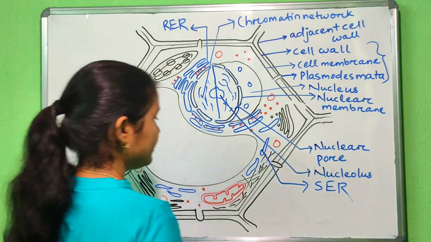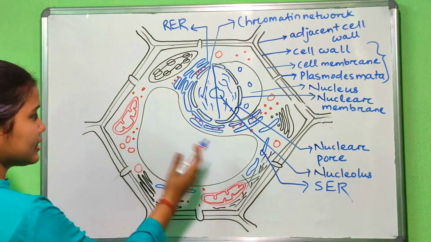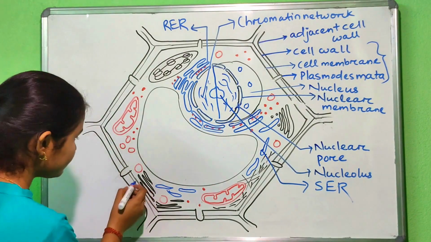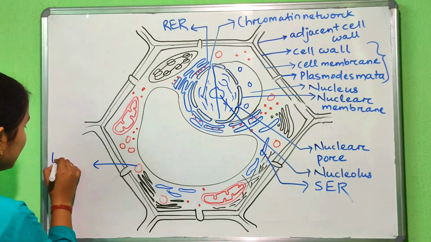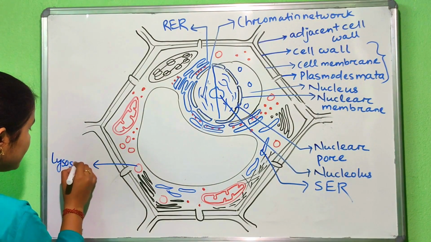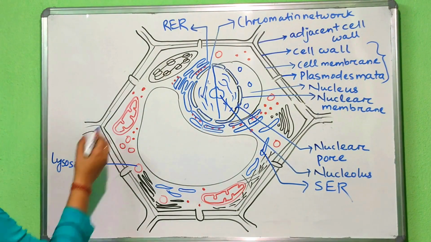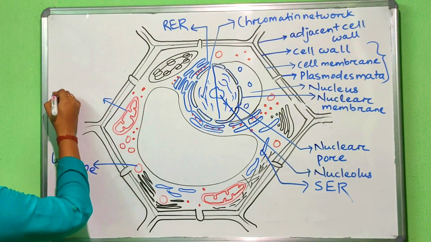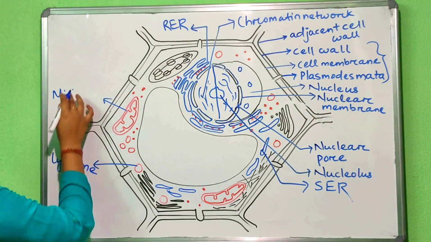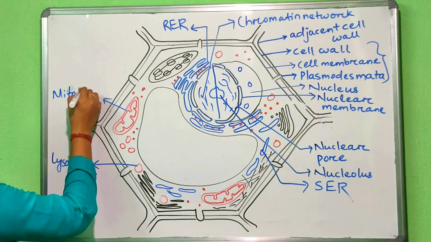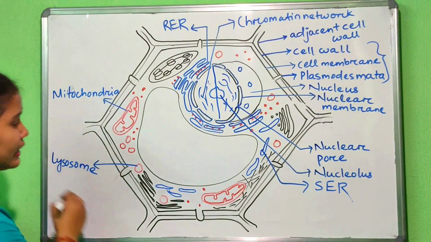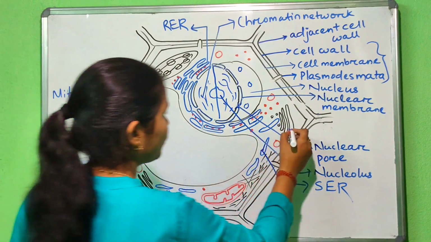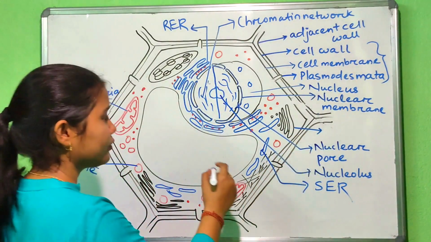Then come to these structures on this side. What are these? This is the lysosome. This is the mitochondria. Then what is this? Oh, I have forgotten this.